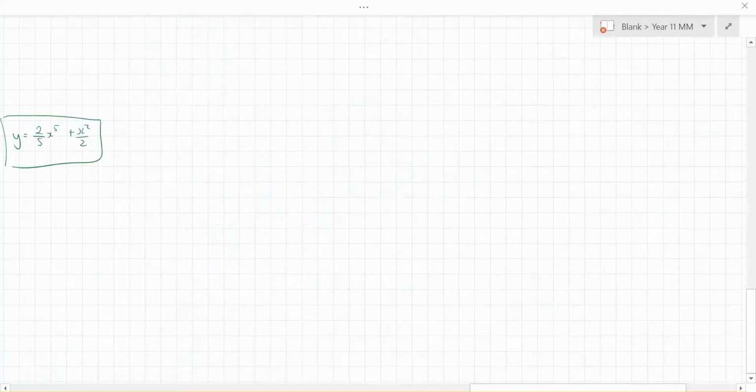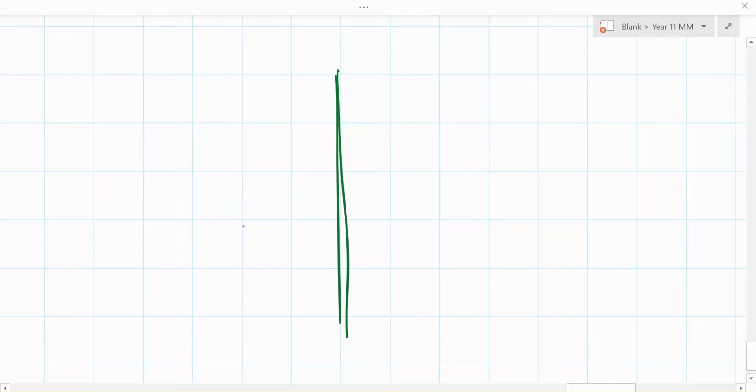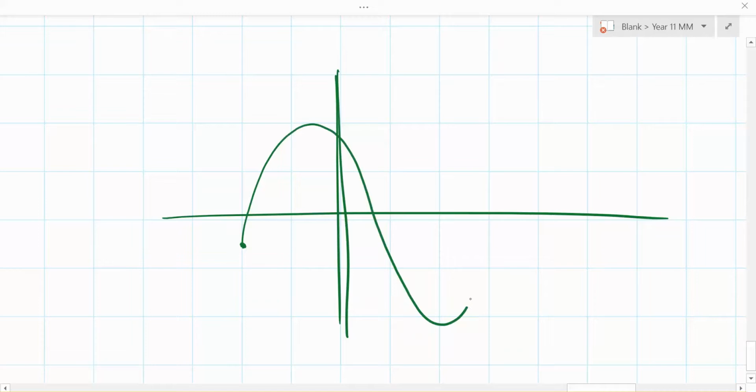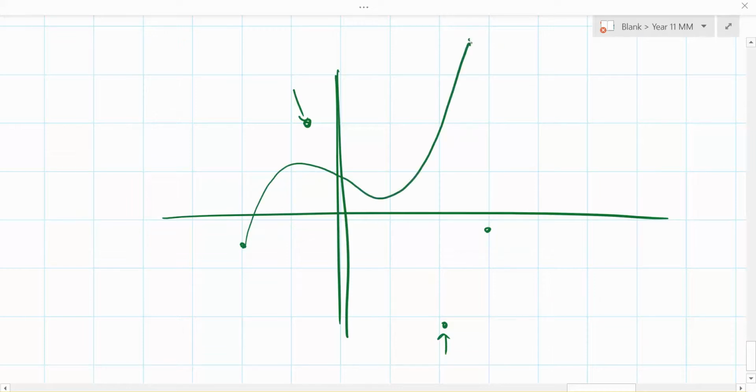It was just the idea that sometimes you can get a graph where it looks like this, and the local max, local minimum happens to be the absolute minimum, absolute max, or you could get a question where it looks like that.